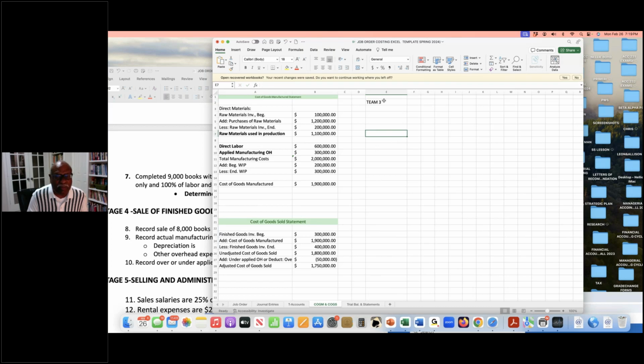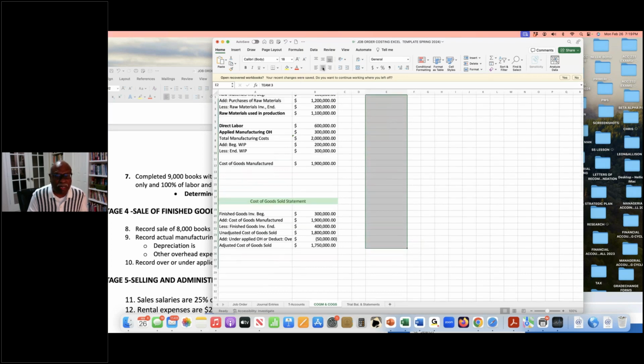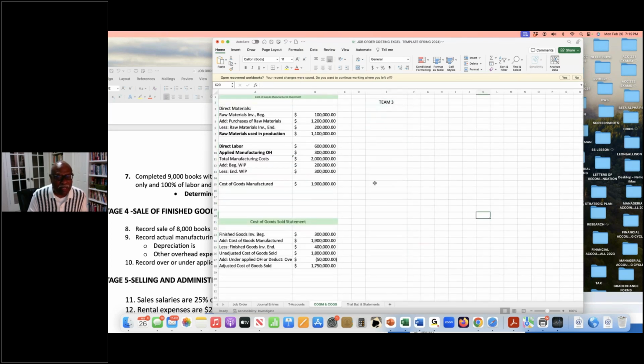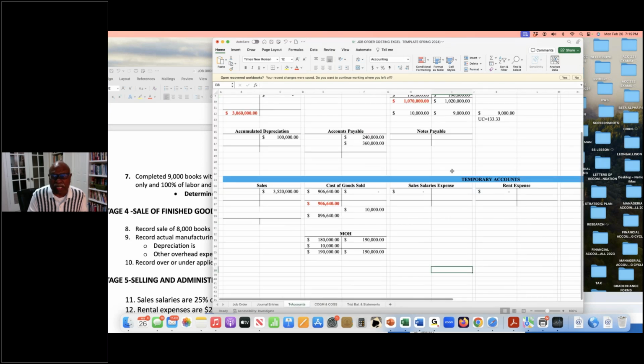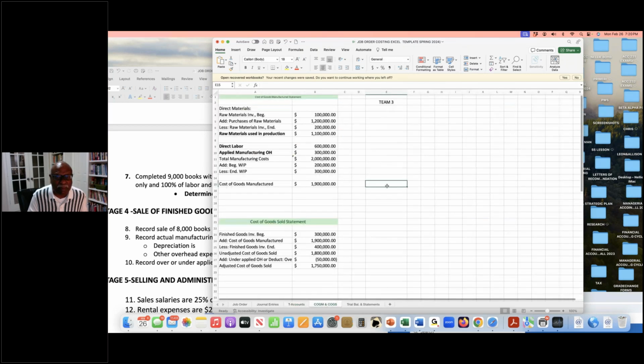Okay, so we want to prepare these statements, and we're going to put the answers in first. Let's see if we can put the answers in. We're going to go to the T account, and since we transferred $1,020,000 to finished goods, the answer on the statement is going to be $1,020,000.